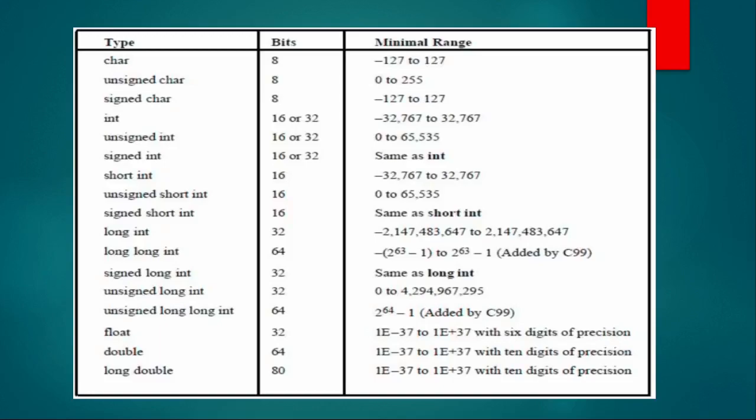So why is it that characters in C are actually integers? This is something that brings confusion to a lot of students trying to understand C. You see, computers were developed by human beings.